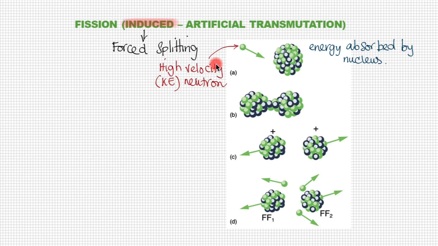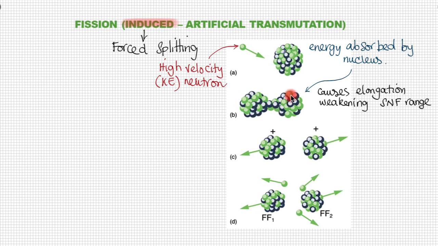The energy of this neutron is then absorbed by the nucleus, and as a consequence, this causes an elongation in the nucleus, which weakens the strong nuclear force, and we know that the strong nuclear force has a very short range.